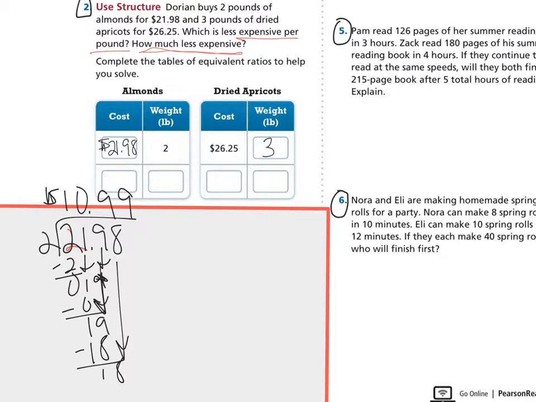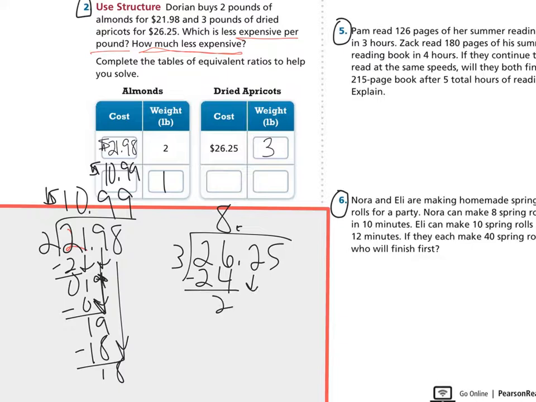Which is $10.99, so $10.99 for 1 pound. And the apricots was $26.25 for 3 pounds. Again, let's just find that unit rate. 3 into 26 goes 8 times. Into 22, 7 times. Into 15, 5 times. So that would be $8.75 for 1 pound.